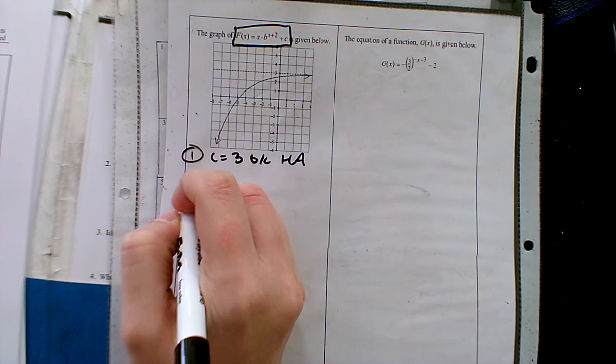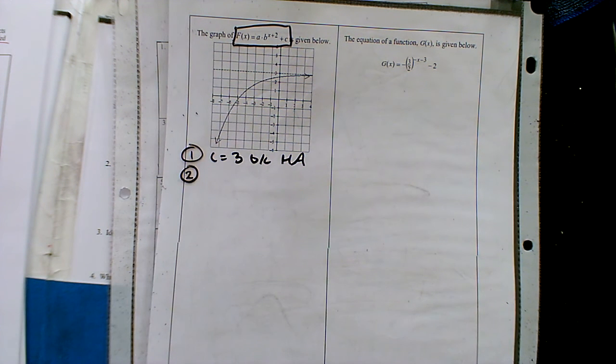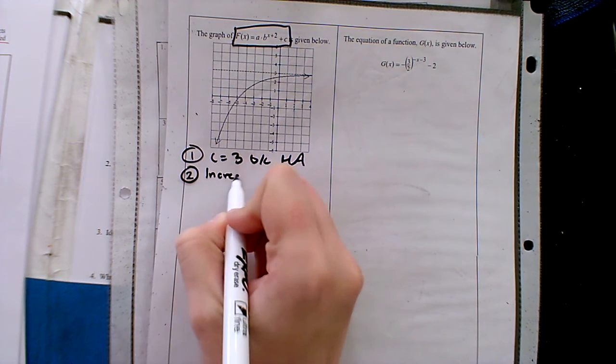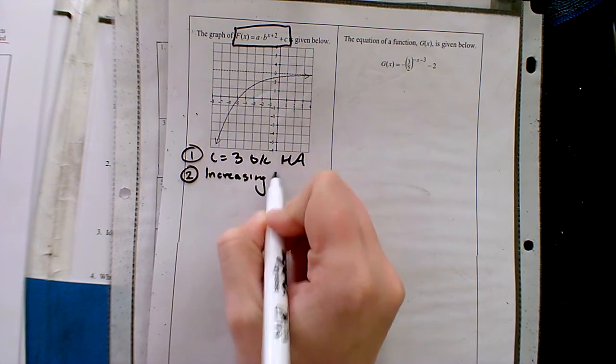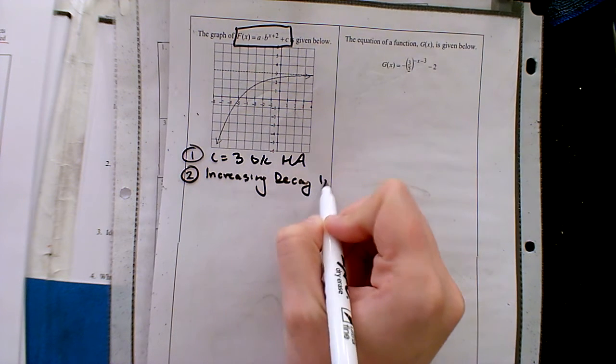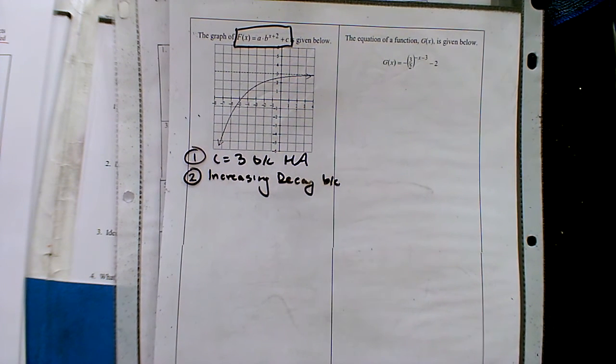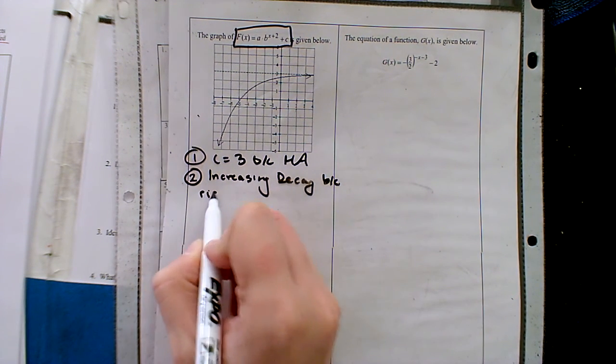Anything else we can label about this exponential function? Okay, Caitlin? Increasing decay because it's going up towards the HA.